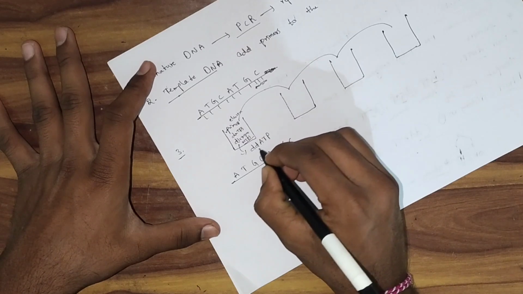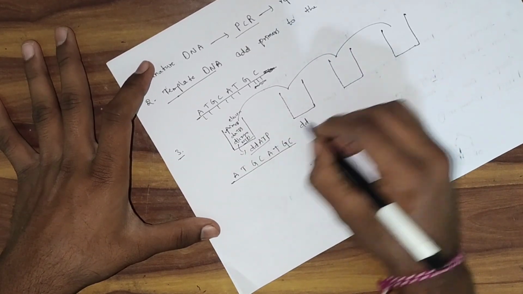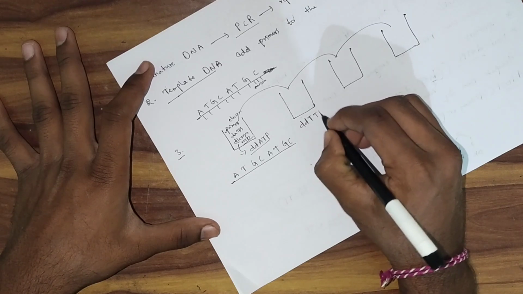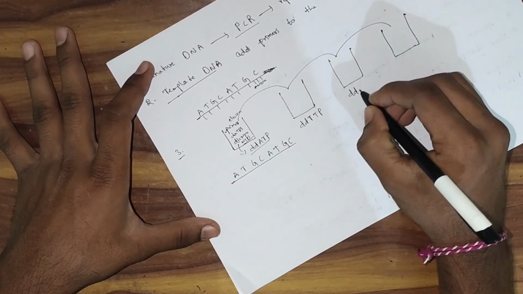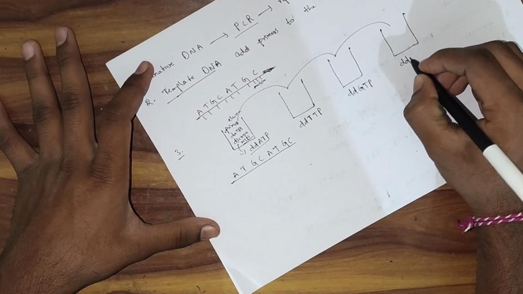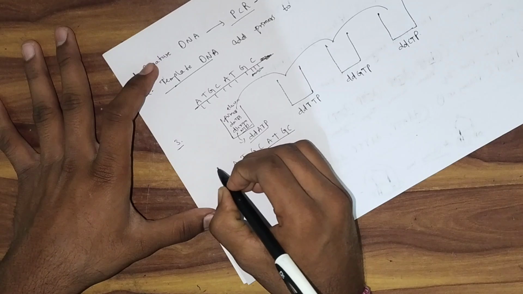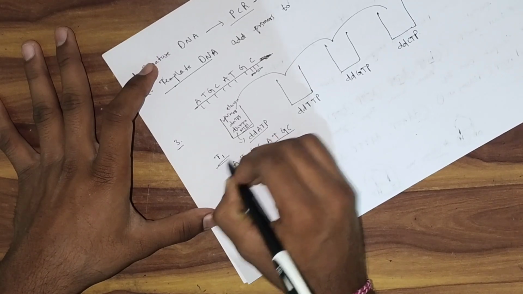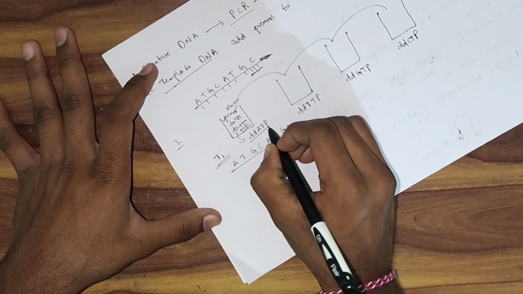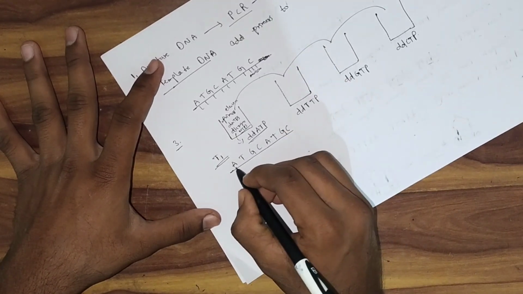Here we have ddATP, ddTTP, ddGTP and ddCTP. We take tube 1. What is ddATP?